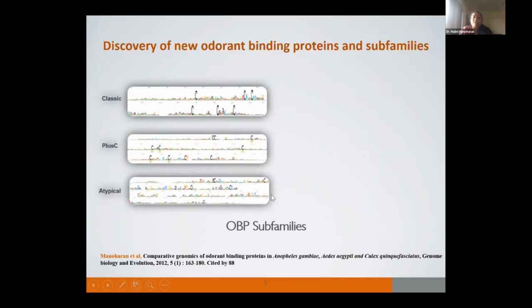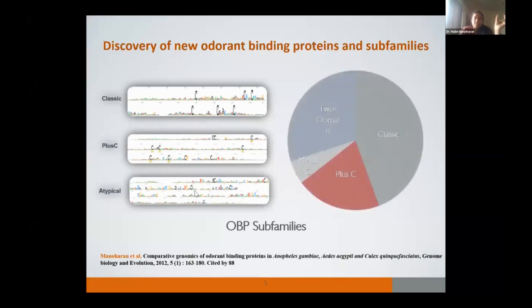It has been adopted in the research environment, and people have done a lot of analysis on the atypical OBPs from a wet lab perspective as well, where we found that 2 classic OBPs actually join together to form these atypical odorant binding proteins. To the existing subfamilies, we were able to add 2 other main subfamilies: minus C and 2 domain OBPs, or the atypical OBPs.